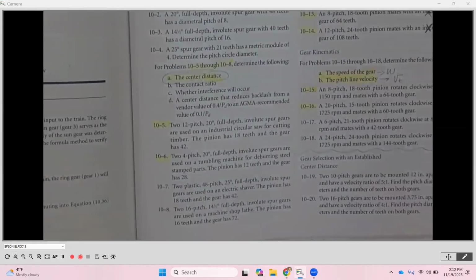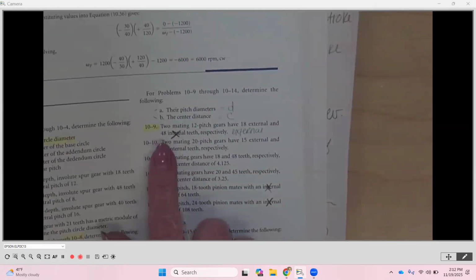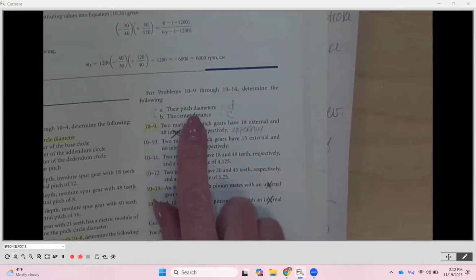Okay, just part A. Then you are going to go up to problem number 10.9, and you are going to find the pitch diameters, so that's the lowercase d, and the center distance for each of 9, 13, and 14. Now, for each one of these, they're identifying internal teeth.